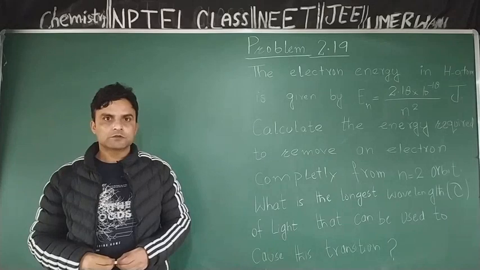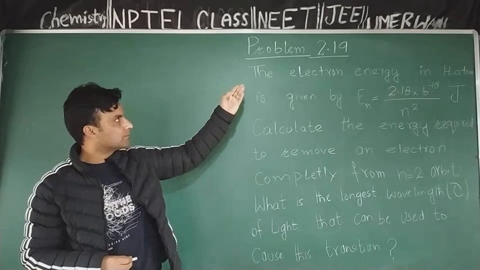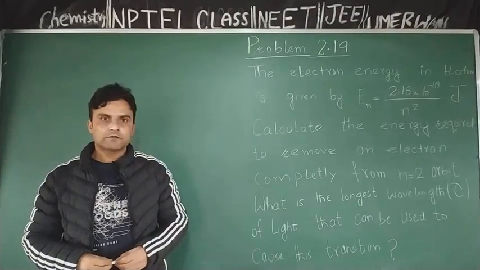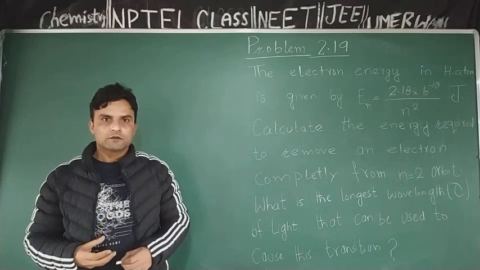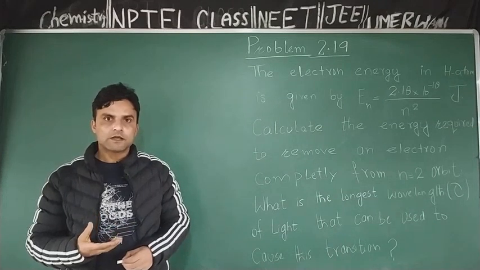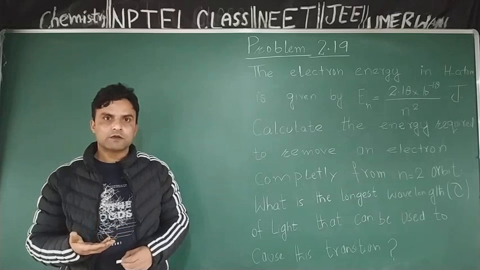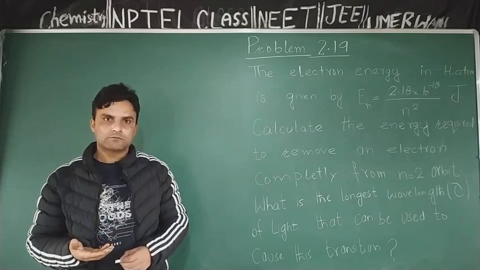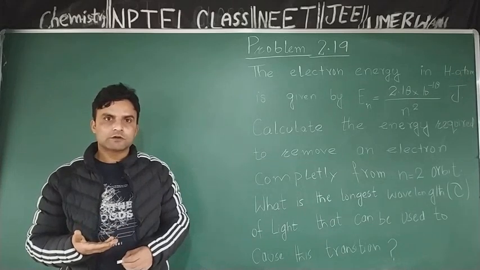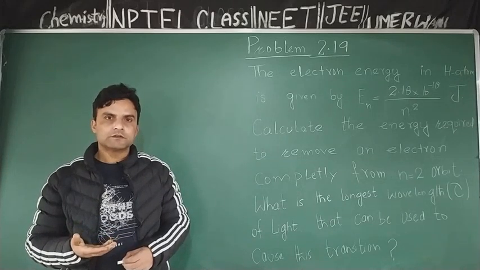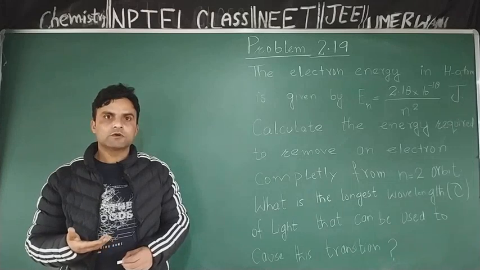Here is Chemistry Detective to solve your Chemistry Class 11th NCERT Problem 2.19. Let me make you understand this problem. Here it is given that we have an excited hydrogen atom, and in this excited hydrogen atom, electron is present in n is equal to 2.